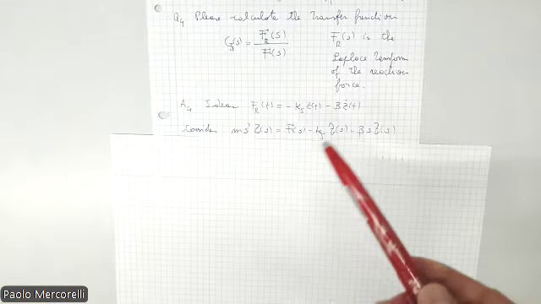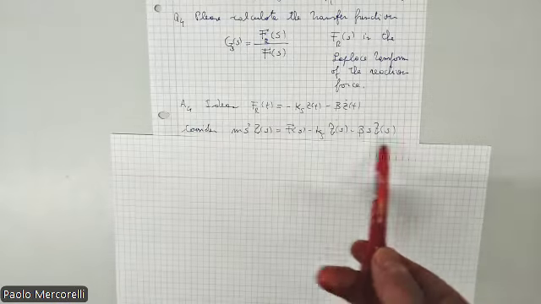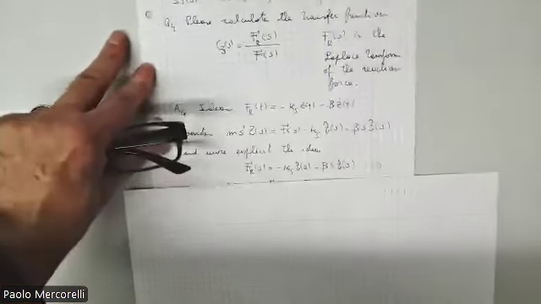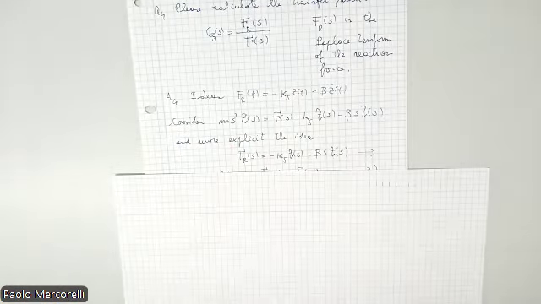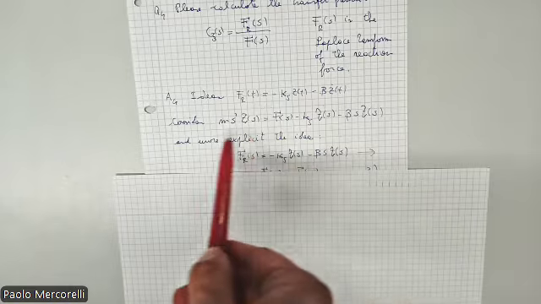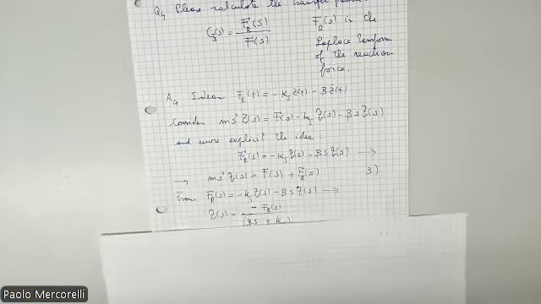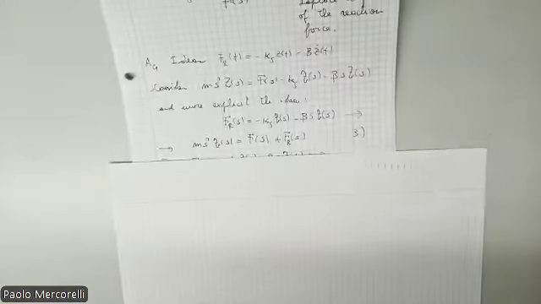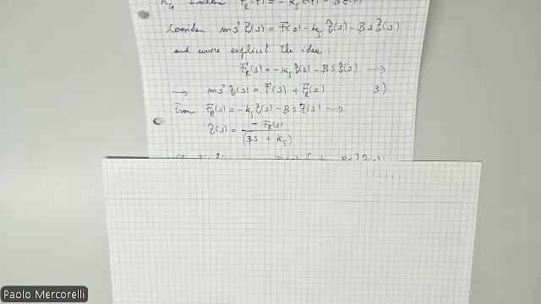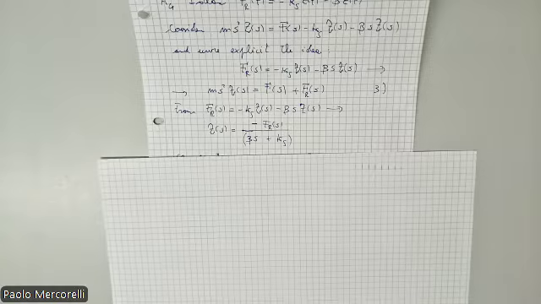Now, if I reconsider the Laplace transform of my dynamics, and consider the Laplace transform of this reaction force, we can combine these two expressions, and what we have is this expression of Z. Let me clarify a little bit better.